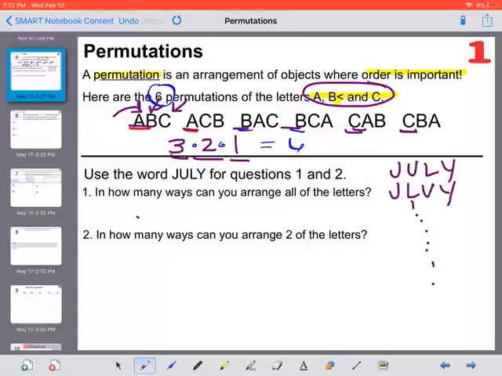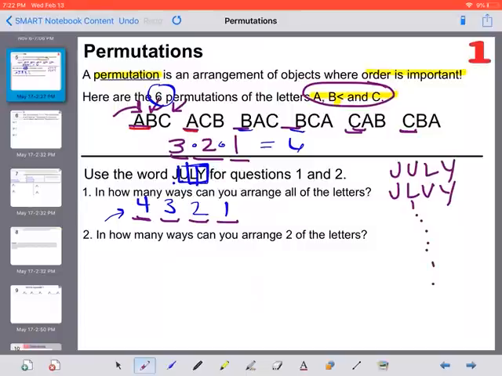But we know that there are 4 spots for the word July. The first spot here, we have 4 choices. We could put a J, a U, an L, or a Y. But once you pick one, you only have 3 choices left. Once you pick one again, then you only have 2 choices left, and then finally you're left with 1 choice.